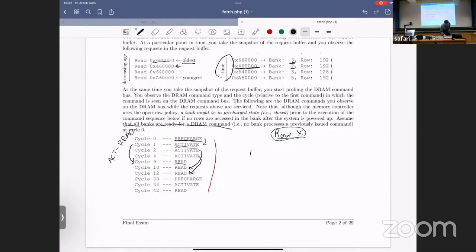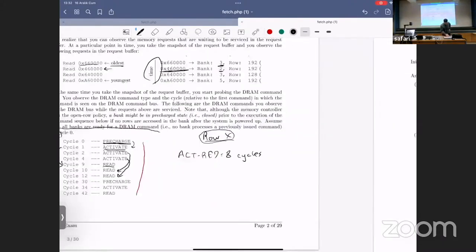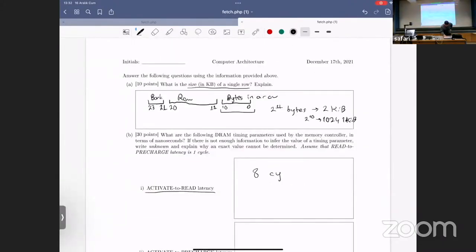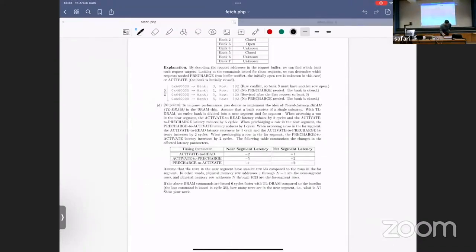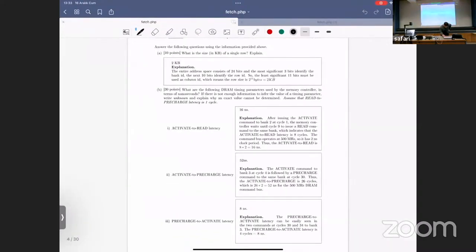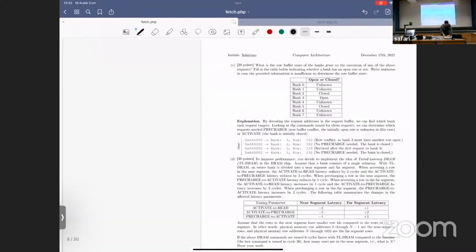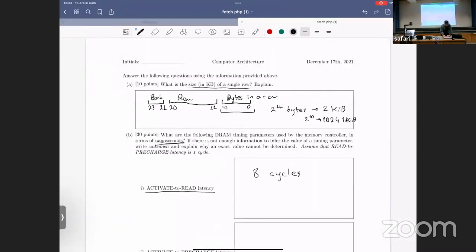So then activate to read latency is 8 cycles. Here, I will write 8 cycles. And we need to convert them to nanoseconds. And for that, we know the frequency. Okay, maybe I can go back to the questions here. Yeah, we know that the bus operates at 500 megahertz. So the clock period is 2 nanoseconds. And if we spend 8 cycles, it means that we spend 16 nanoseconds.